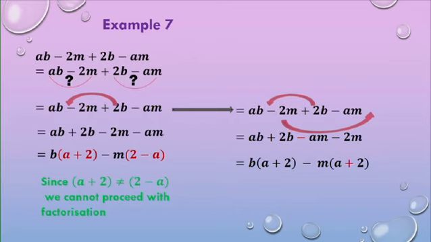In the next two terms, the letter minus m is the common factor. Here we have obtained two similar brackets. So we have a compound factor that is common to both groups. So we can proceed now, taking a plus 2 as the common factor, followed by b minus m.